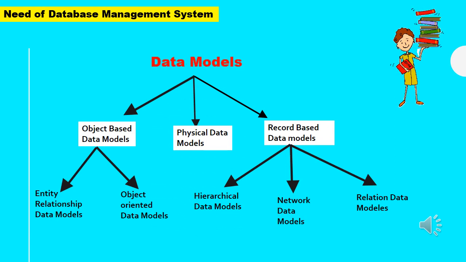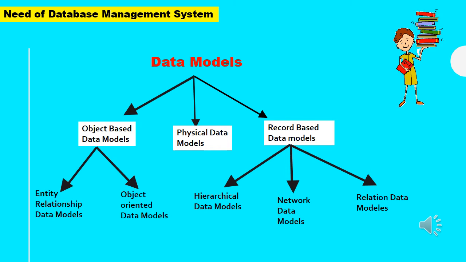Data models. So the data models tell about the logical structure of the database. It also defines how the data is processed and stored inside the system and is connected to each other.